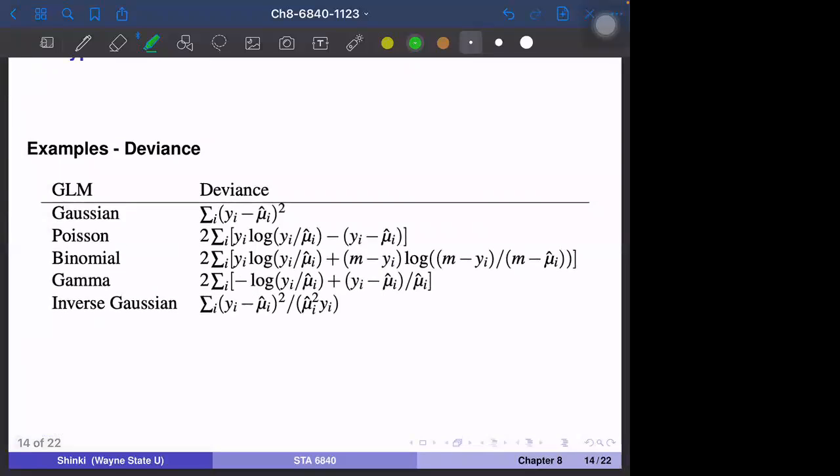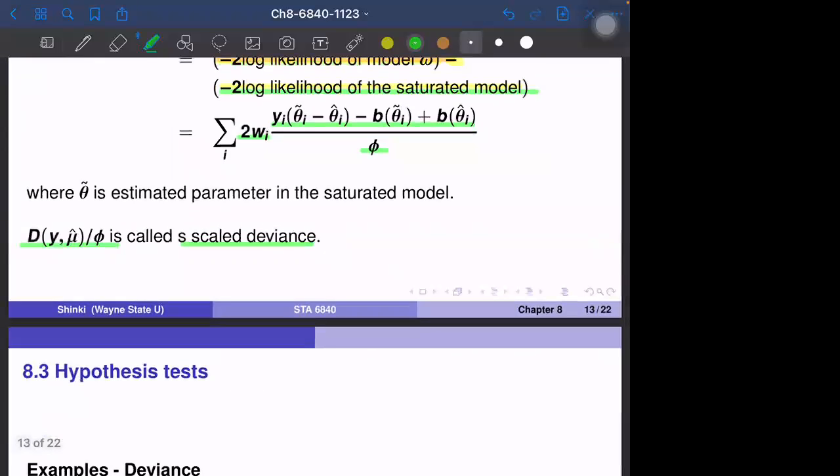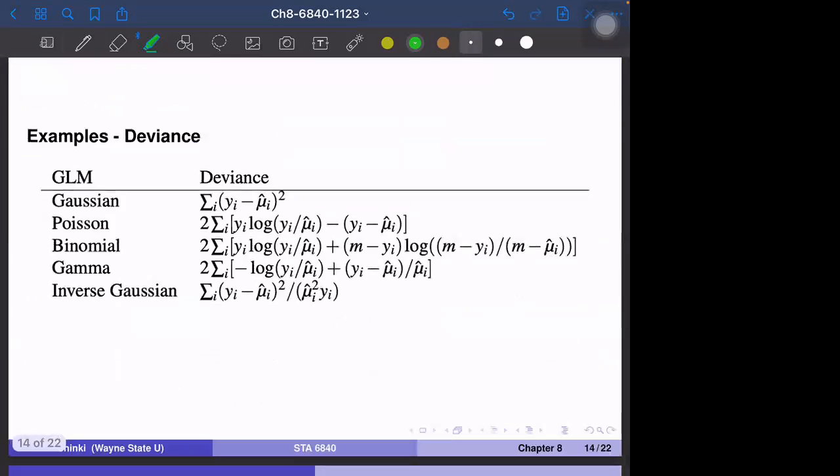And to be exact, okay, so this is the general form here, but for a specific case, the deviance is here. Maybe just a Gaussian. So you can see that for the Gaussian distribution, this is the likelihood function for the model.